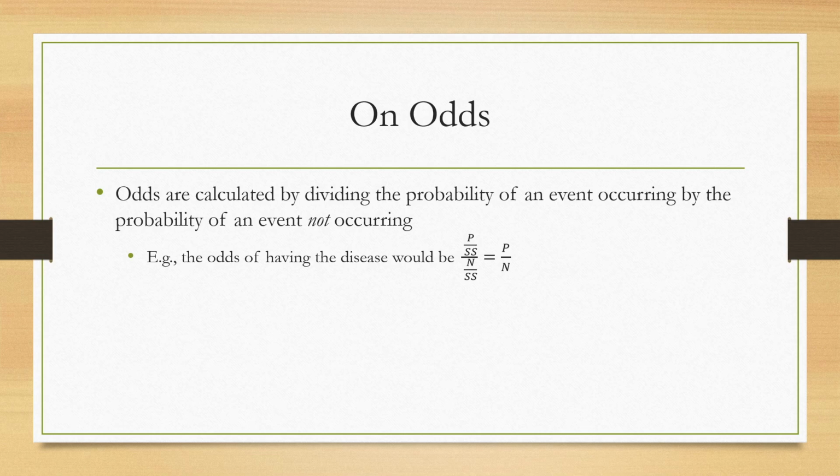Probability is between 0 and 1, right? So probability 0.5, 50%, probability of 0.9, 90%. It's between 0 and 1, 0%, 100%. Odds start at 0, the same as probability, but they have no upper bound. You can have an odds of 0.9, you can have an odds of 1, you can have an odds of 1.1, you can have an odds of 2, you can have an odds of 3, you can have an odds of 10, you can have an odds of 100.